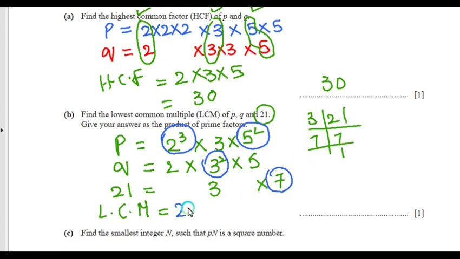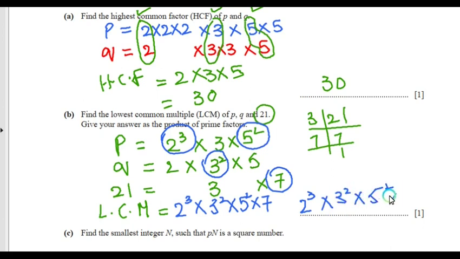So the LCM will be 2 cube times 3 square times 5 square times 7. The answer should be given as the product of prime factors, so there's no need to solve it. So 2 cube times 3 square times 5 square times 7.